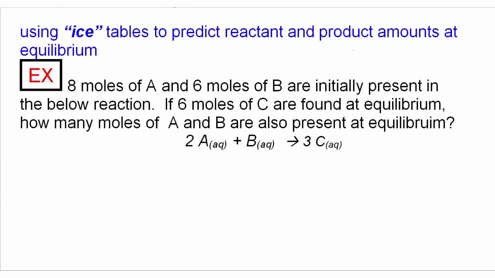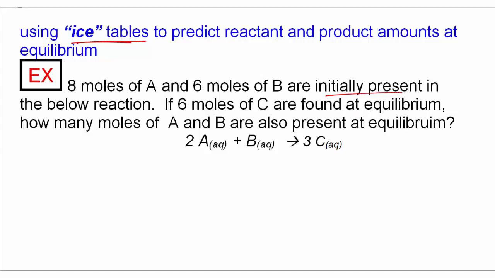Using ICE tables to predict reactant and product amounts at equilibrium. This is the method we're going to use to make these predictions of reactants and products and find out how much there are at equilibrium. So let's take a look at this question. We have 8 moles of A and 6 moles of B. They're initially present.